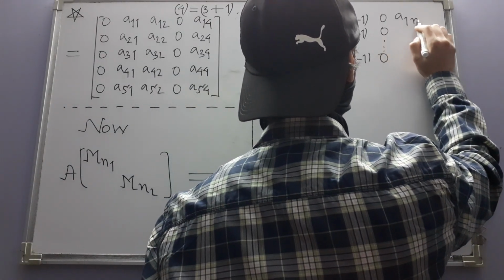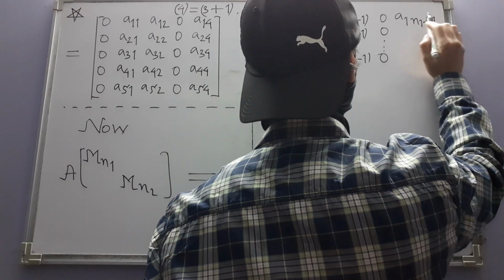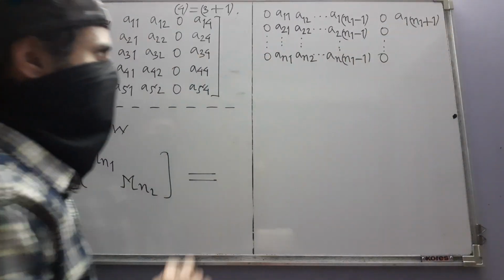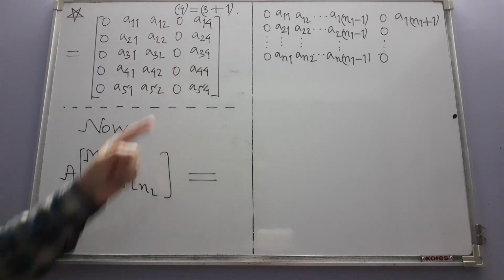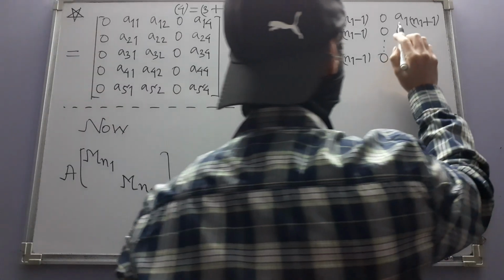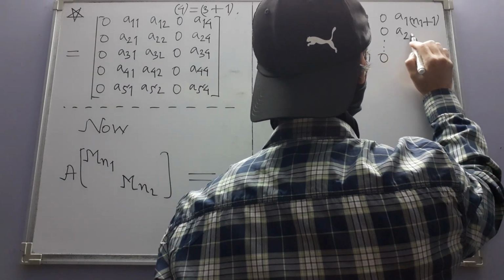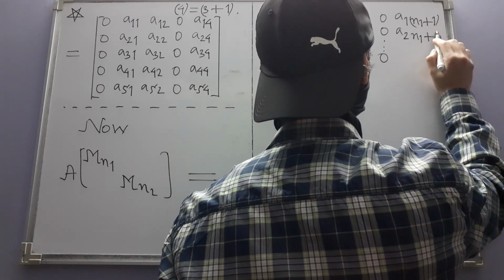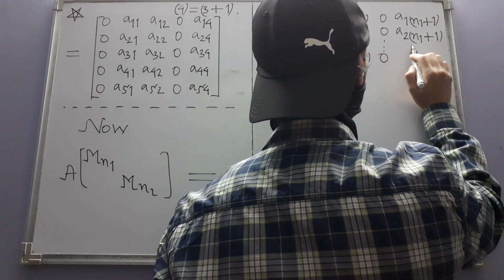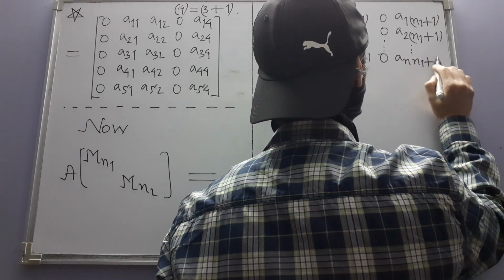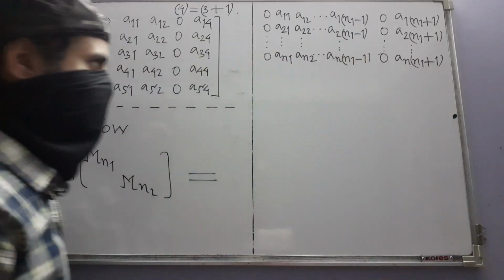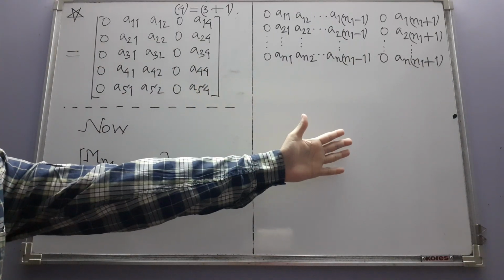A1 N1 plus 1. We don't get to see that second index N1 here, just like here we did not see 3. A2 N1 plus 1, An N1 plus 1. And now I am going to continue, but of course from here.